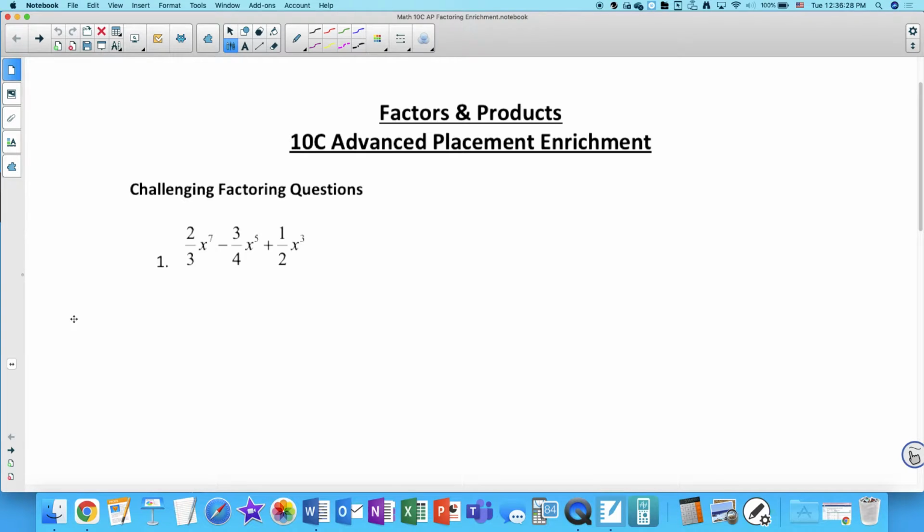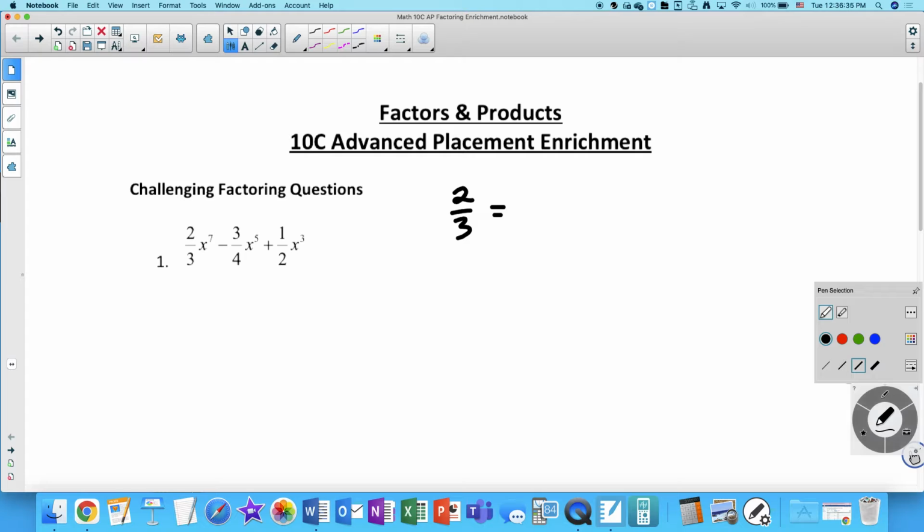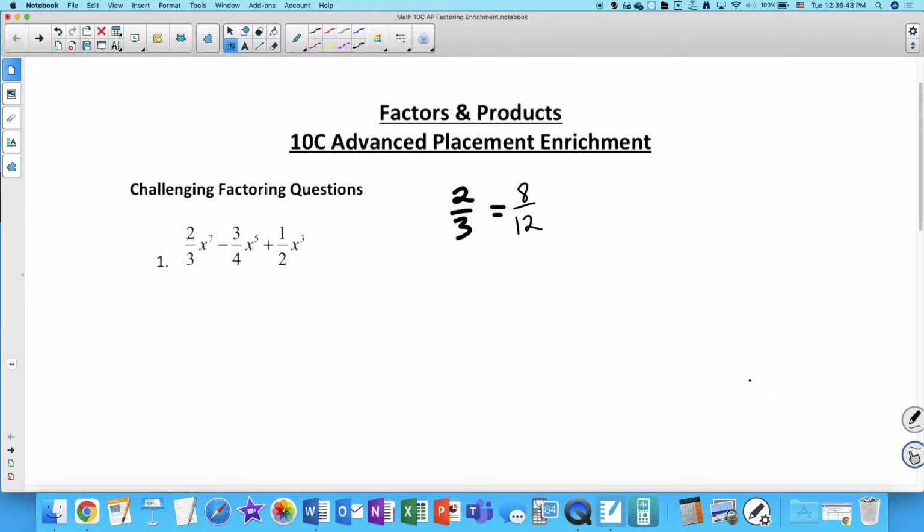So if you think about 2/3, what would that be over 12? 8 over 12. Yeah, that's correct. And then 3/4? 9 over 12. And then 1/2? 6 over 12.